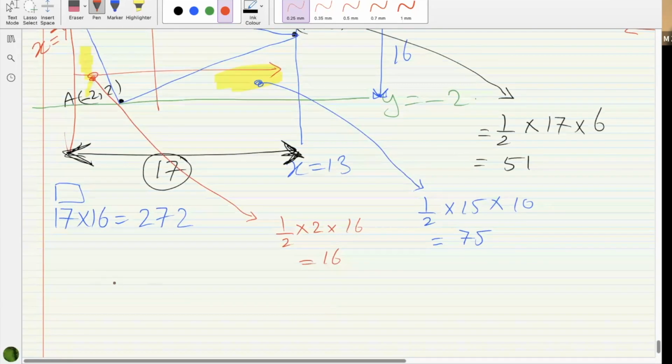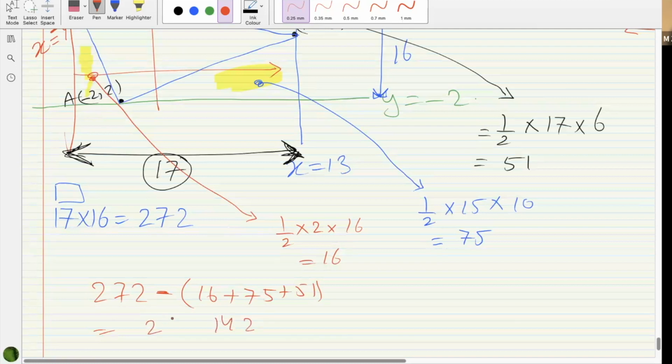So altogether, 272 minus those 3 triangles, which is 16 plus 75 plus 51. 16, 75 and 51 is 142. So the area of the triangle is 130 unit square.